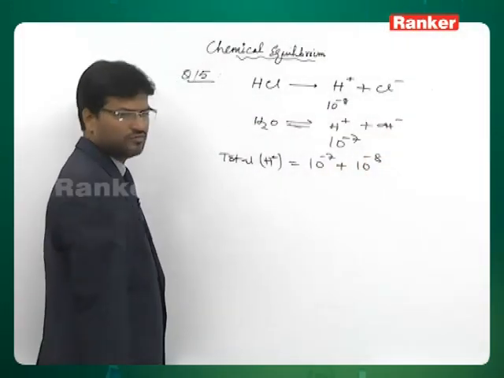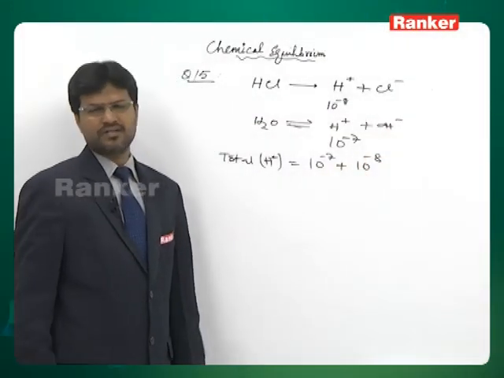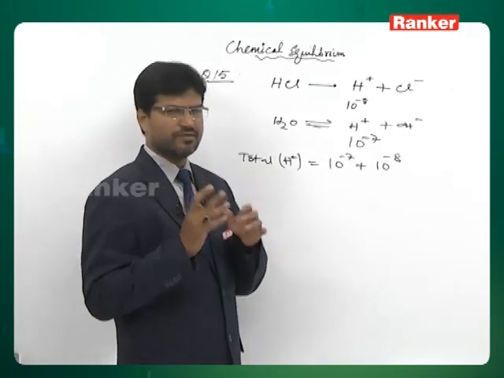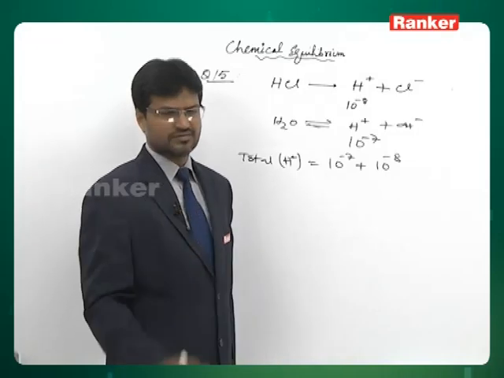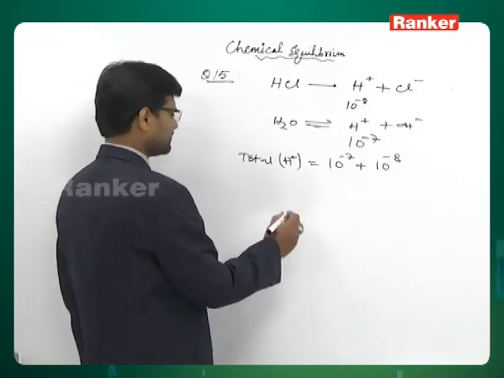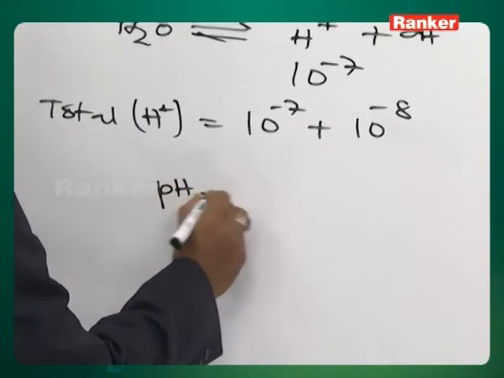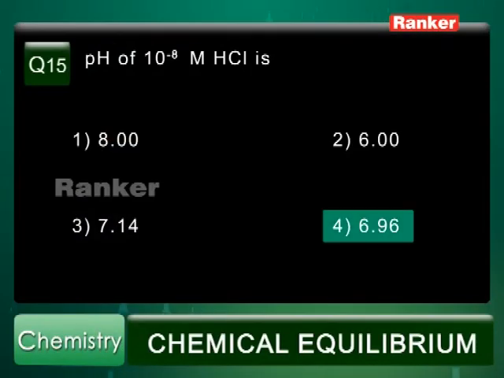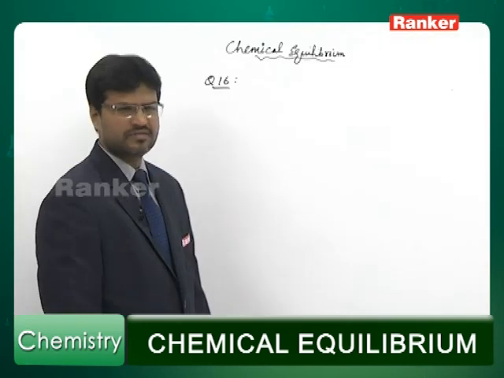You need to add up these two and then take minus log. Remember, a solution of acid will always have pH less than 7. So, the nearest value you get is 6.96. Answer is the fourth option.